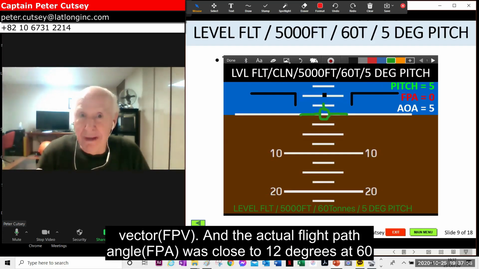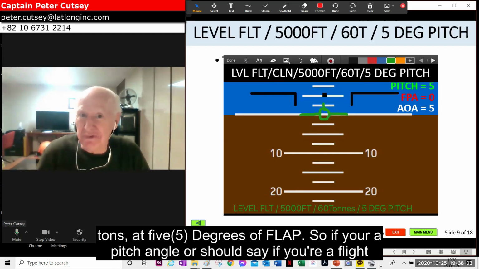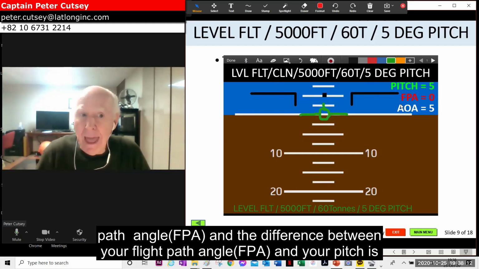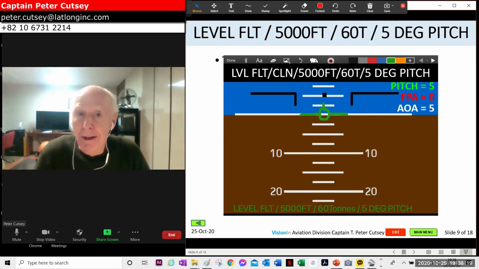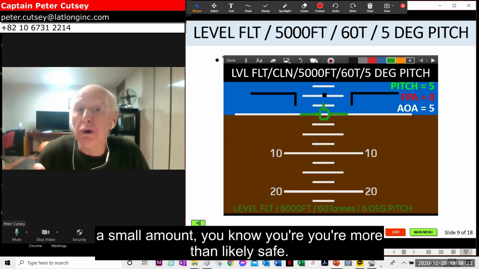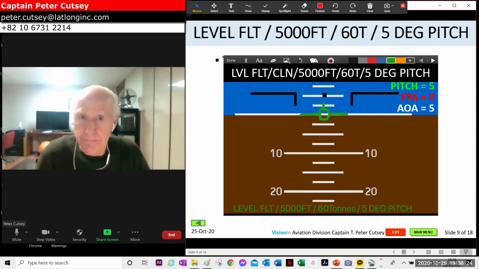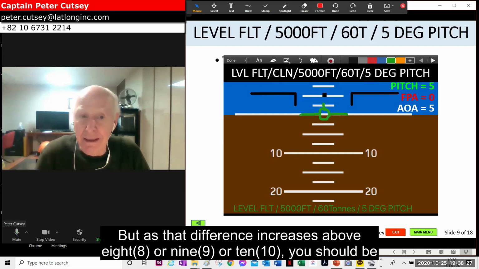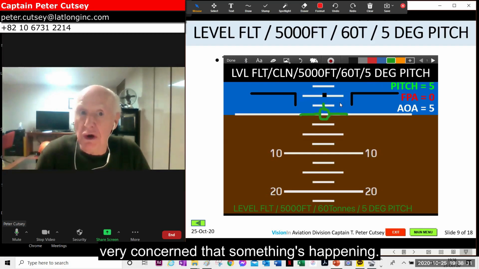And the actual flight path angle was close to 12 degrees at 60 tons at 5 degrees of flap. So if the difference between your flight path angle and your pitch is a small amount, you know you're more than likely safe. But as that difference increases above 8 or 9 or 10, you should be very concerned that something's happening.